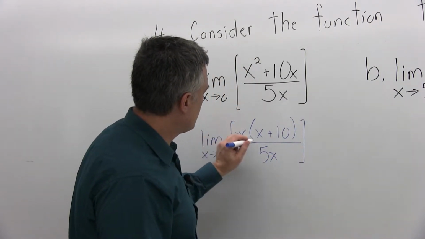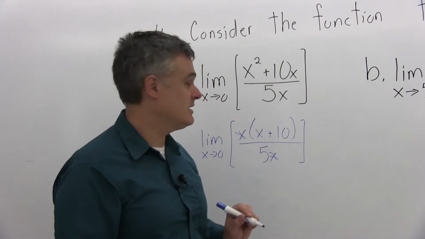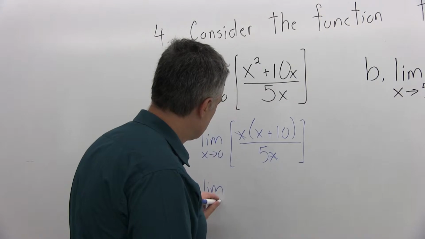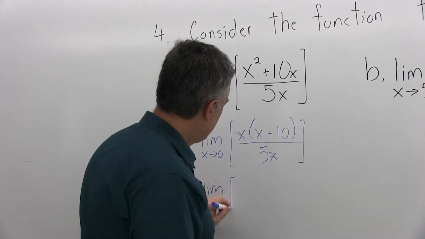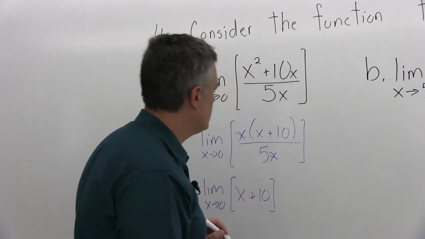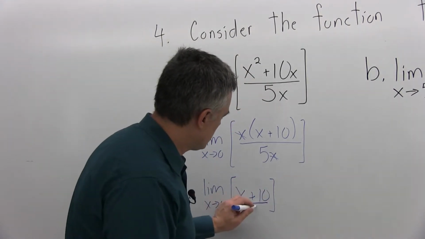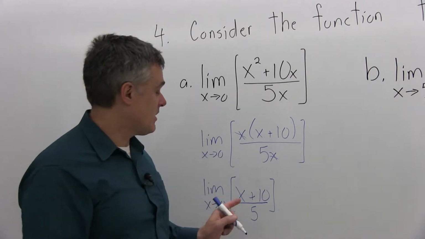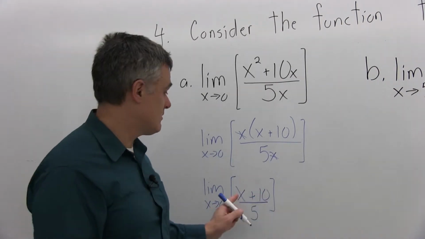And then cancel x on top, x underneath, and take the limit now as x approaches 0 of x plus 10 over 5. So almost forgot the 5. So now I can let x approach 0 because the denominator doesn't zero out.